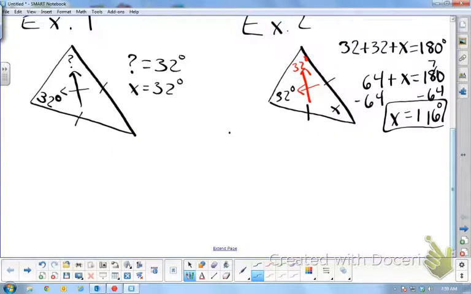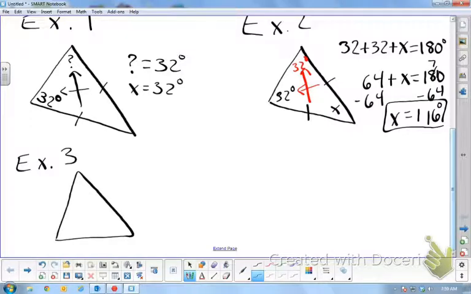The last thing we can do with this is give information about the sides instead of the angles, and we can solve for entire equations instead of just finding the angle.